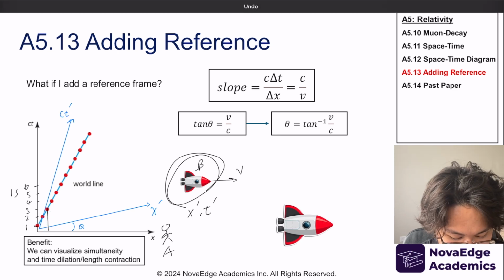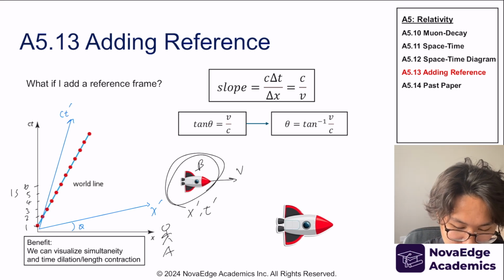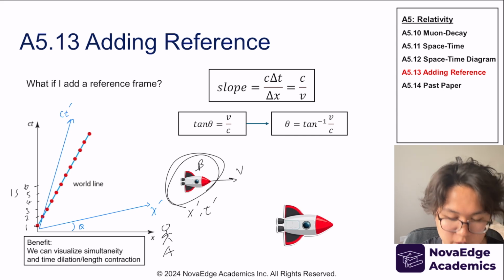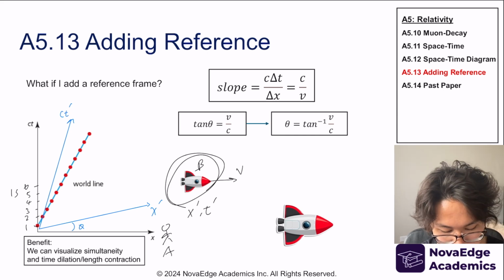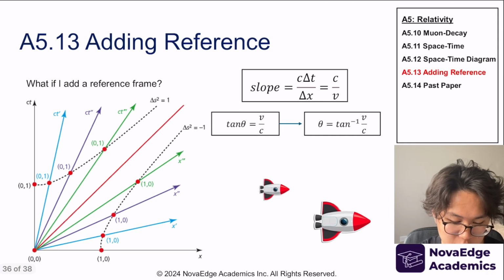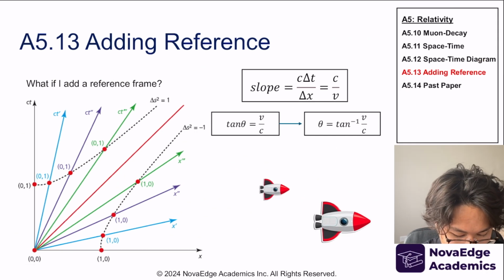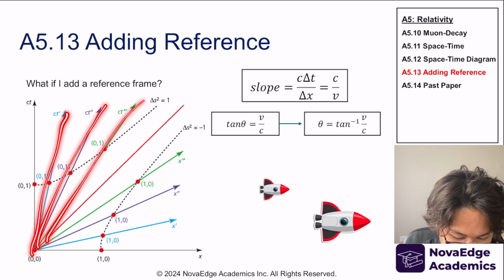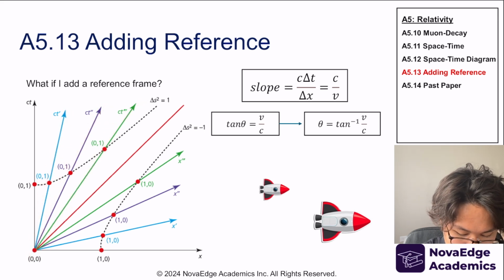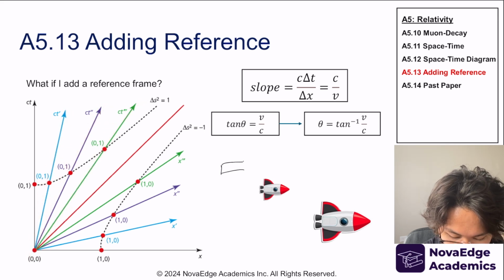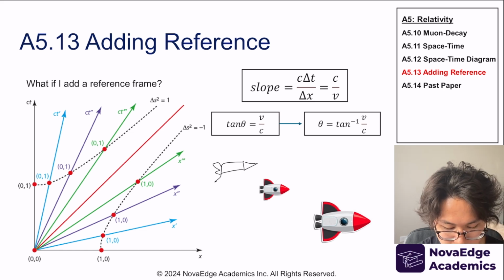So there's going to be length contraction that we can visualize on this space-time diagram as well from different reference points. Now, I can also add millions and millions of reference points too, which leads me to something like this. So I can have reference point this guy, this guy, this guy. Maybe I have more rockets and more viewpoints of me observing the universe's events happening.